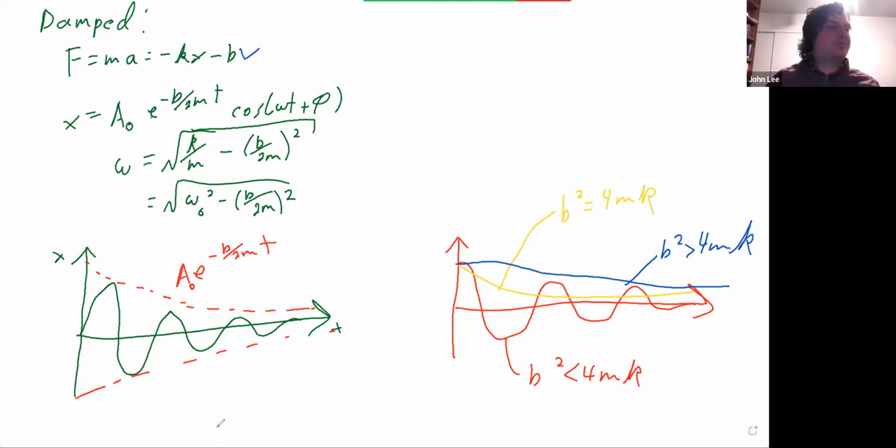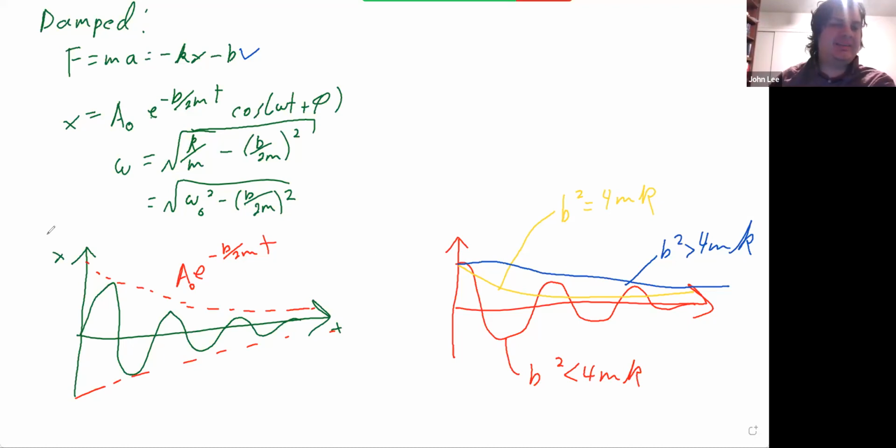Cosine of an imaginary number gives you an exponential, so this becomes e to the negative b over 2m t times another exponential. In that case it's called overdamped, and it has a slower descent than you would have otherwise. Those are the forms of damping.